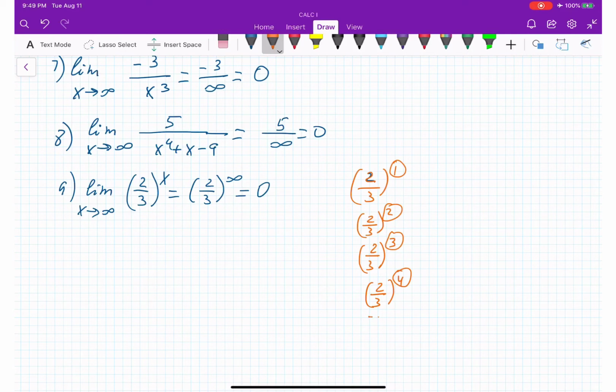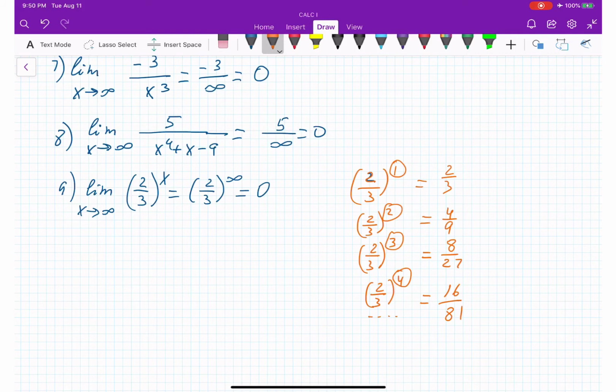It will continue. So let's get the result. To power 1, it's going to be 2/3. To power 2, it's going to be 4 over 9. To power 3, 8 over 27. And to power 4, 16 over 81.